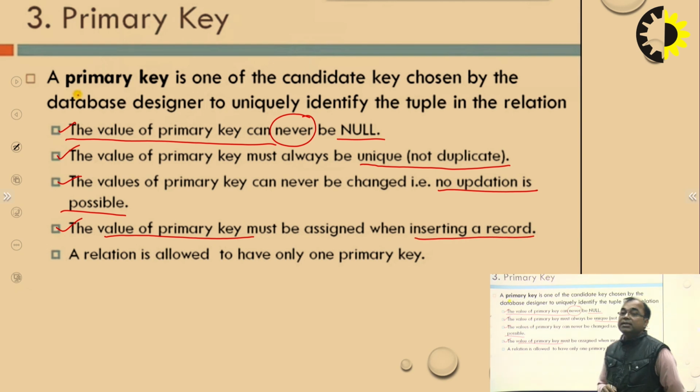So a relation always has only one primary key. किसी भी रिलेशन में, किसी भी रेशनल टेबल्स के अंदर प्राइमरी की एक होगा, वन एंड ओनली वन, and that is decided by the database administrator from the candidate keys. So only a candidate key is eligible for primary key, and it is decided by the administrator of the database only. Clear?